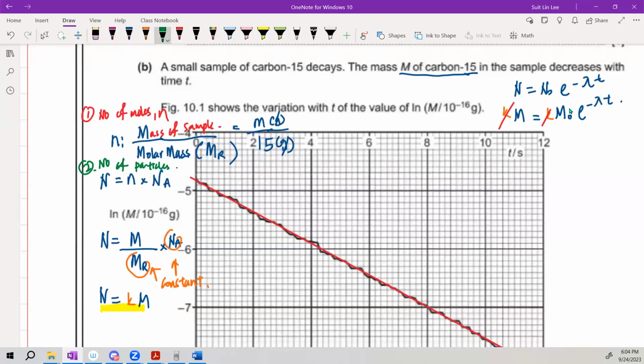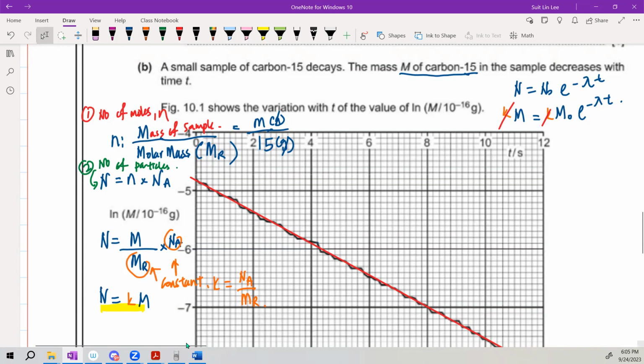So number of particles, N, is the number of moles times the Avogadro constant. But the number of moles is also the mass of my sample divided by the molar mass. And this molar mass and the Avogadro constant are constant, right? So I just put them together, constant K. If you want to, you could write that K is equal to N_A over the molar mass, M_r. It doesn't matter because they exist on both sides. We can cancel them out.